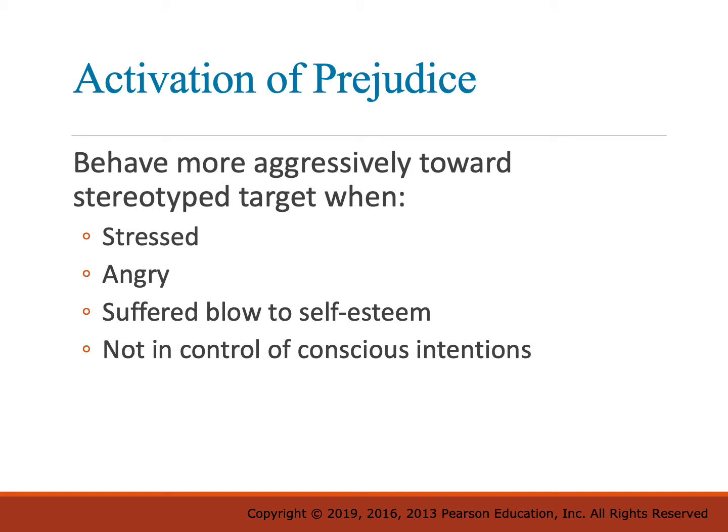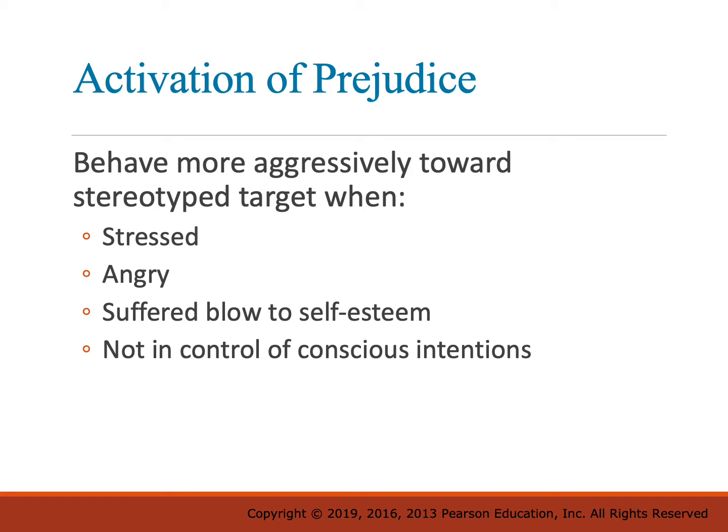Then the behavior it leads to is called discrimination. Okay, and this is behaving more aggressively towards stereotype targets when we are stressed, when we're angry, when we're suffering a blow to our self-esteem, when we're not in control of our conscious intentions. This behavioral component will show up.